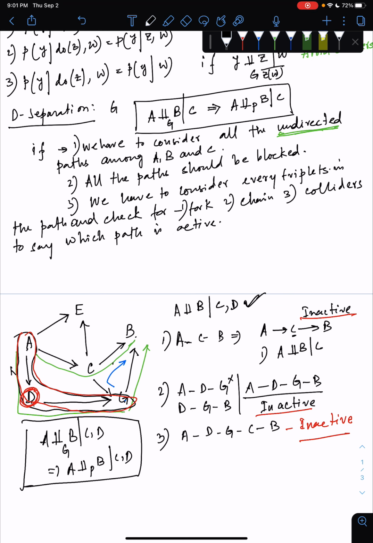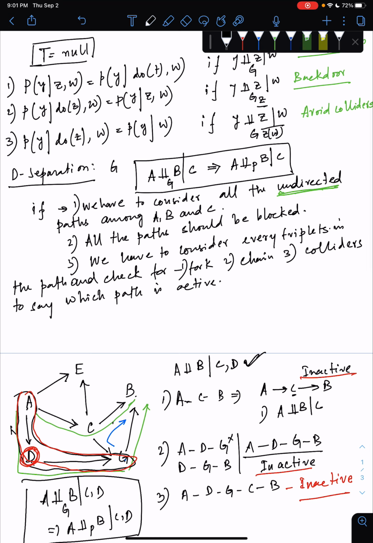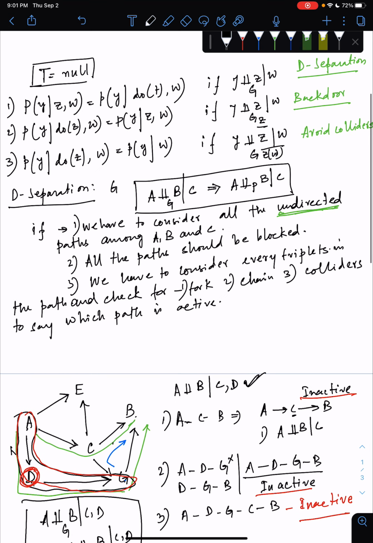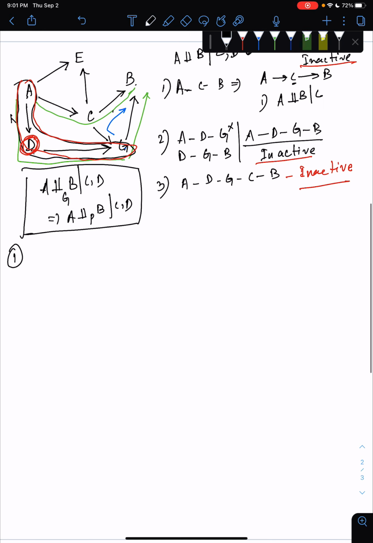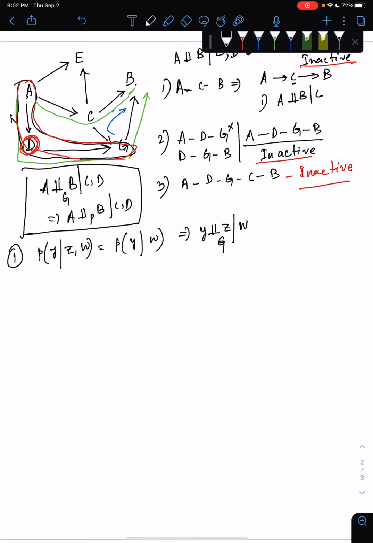Now if we check the first condition, it says that the probability of Y given Z and W is nothing but the probability of Y given W if Y and Z are independent given W. What does that mean?